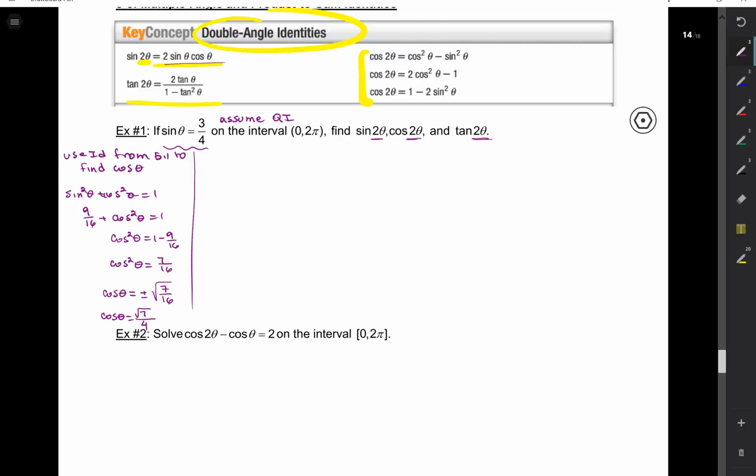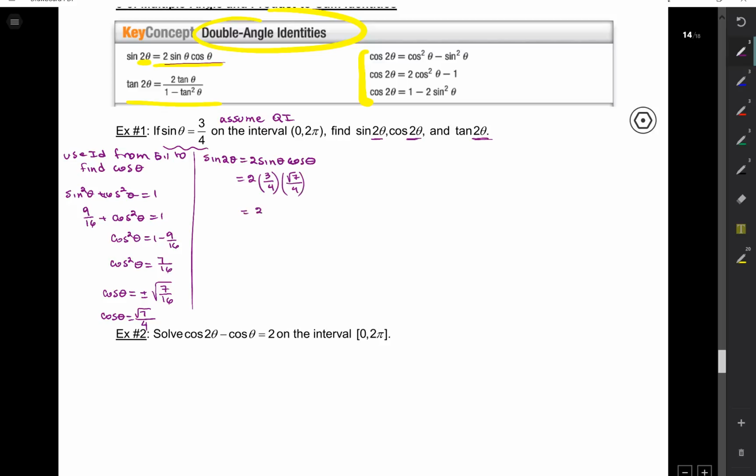Now, sine of 2 theta is what we need to find first. The formula is 2 sine theta cosine theta. So this is 2 times, what's sine of theta? 3 over 4. What's cosine of theta? Root 7 over 4.